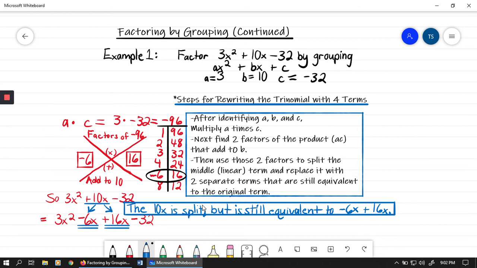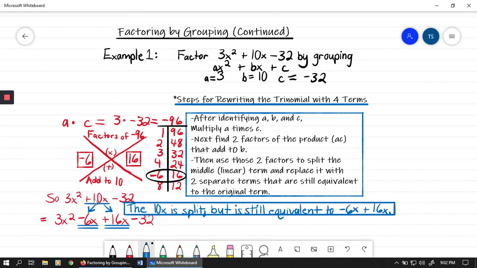So again, we see here that after we had chosen those two factors, negative 6 and positive 16, what we did was we split up that middle term, that term that had the linear variable where the exponent was 1, the 10x.